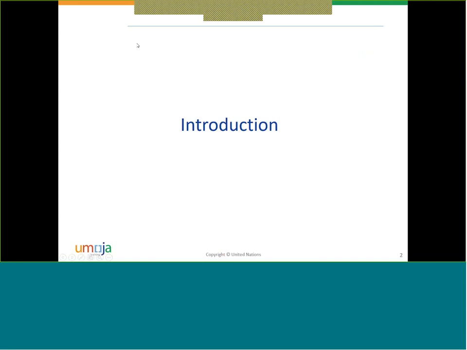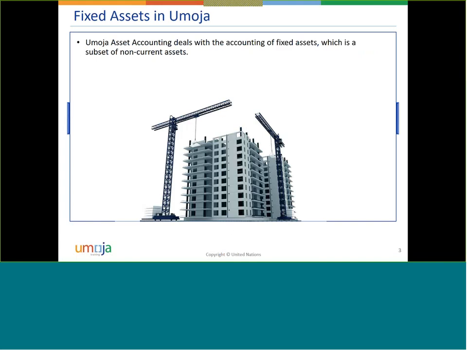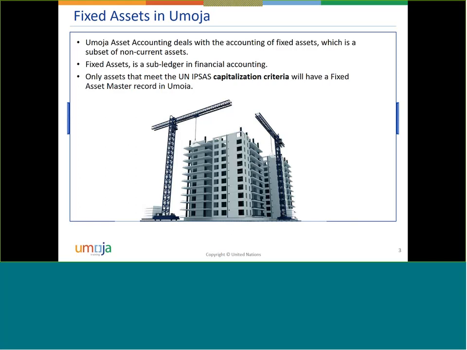As an introduction, I think we can skip part of it because it's quite related to fixed assets. Just remember that Umoja asset accounting deals with the accounting of fixed assets, which is a subset of non-current assets. Only assets that meet UN IPSAS capitalization criteria will have a fixed asset master record in Umoja, nothing new.